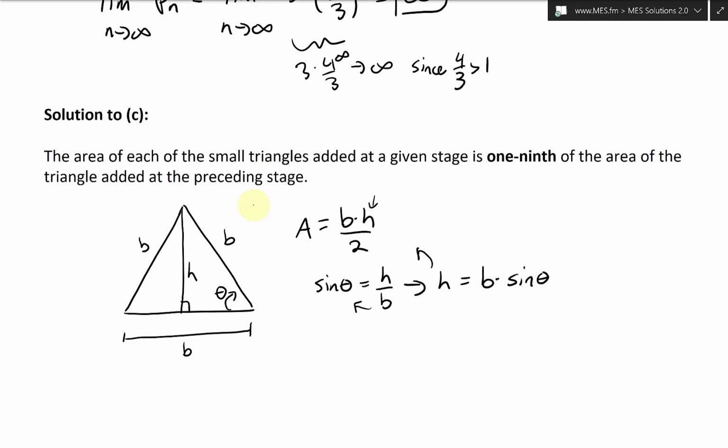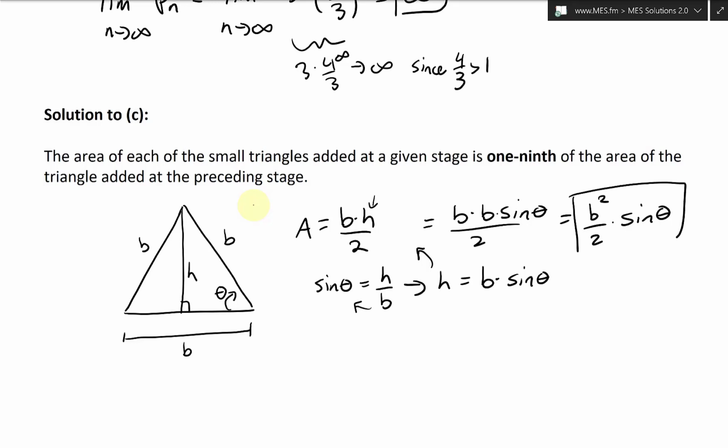Throw that inside, and we get B times B sine theta, all divided by 2. This equals B squared over 2 times sine theta. So that is the area for any given triangle like that.